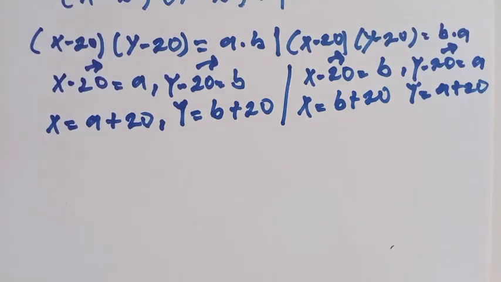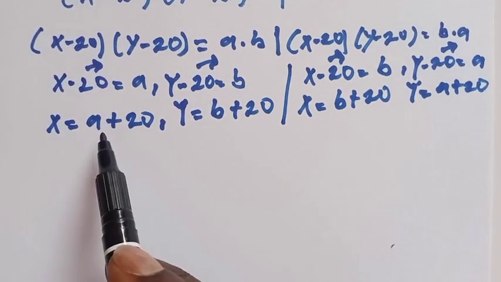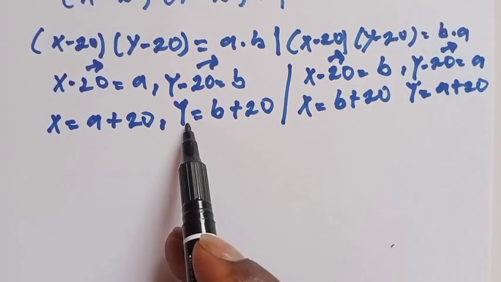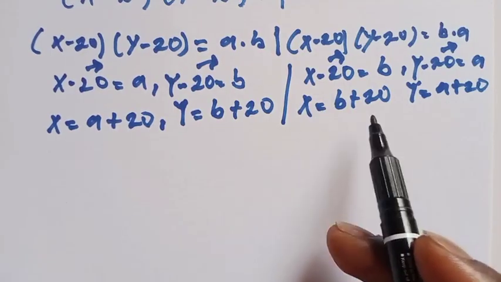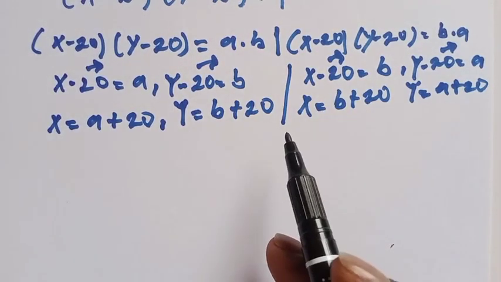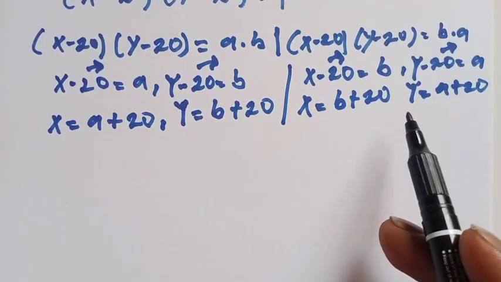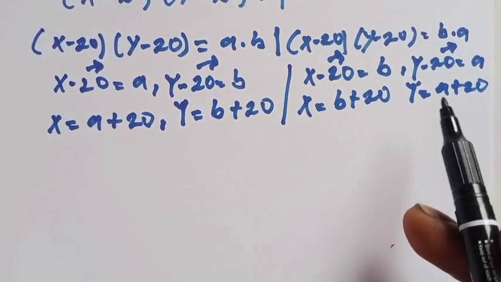So now we've deduced that x here is equal to a plus 20 and y here is equal to b plus 20, and then x here is reversed, which is b plus 20, and y here is equal to a plus 20.